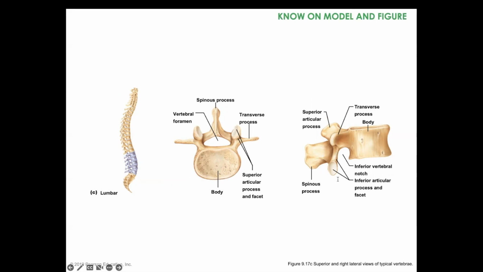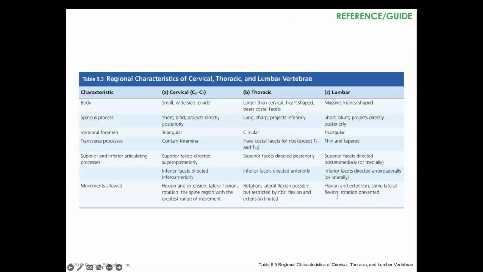How the last one looks like a giraffe, this one almost looks like a moose, with the spinous process being the nose of the moose, the transverse processes being the antlers, and again, the body being the main head. For the practical, you will need to be able to identify the different types of vertebrae using one of the models we have in lab, as well as these images.